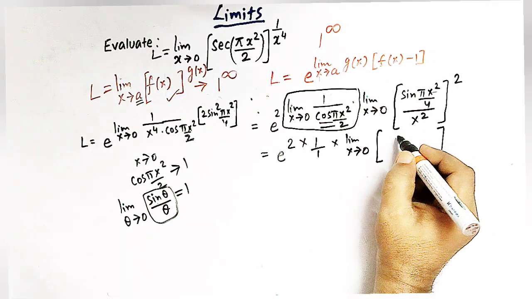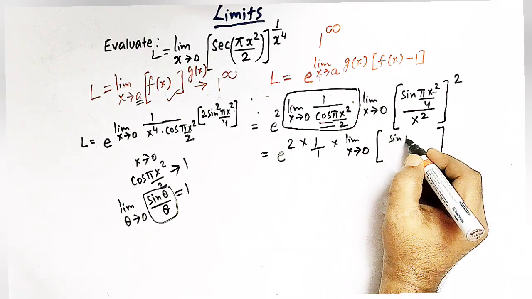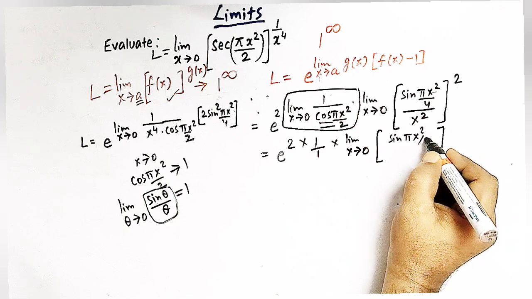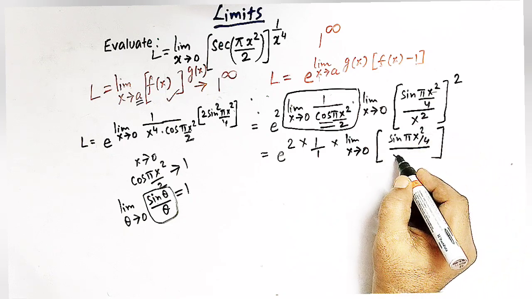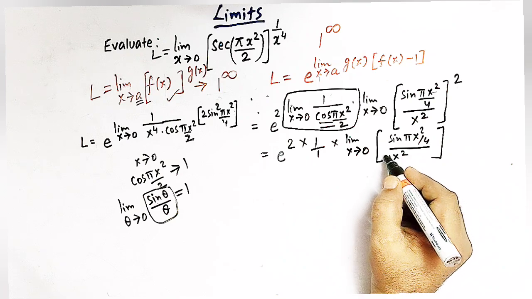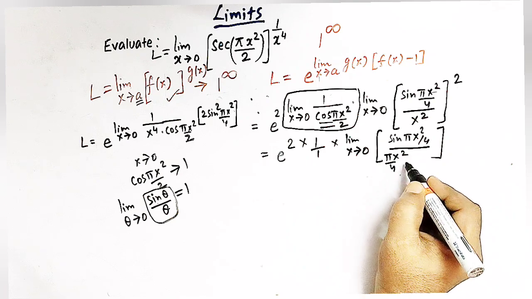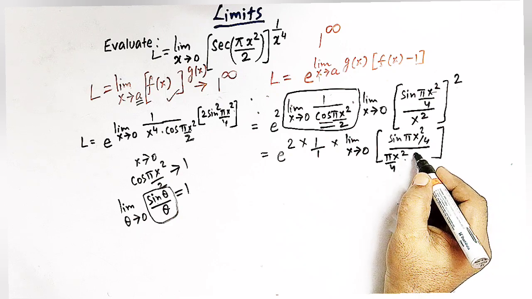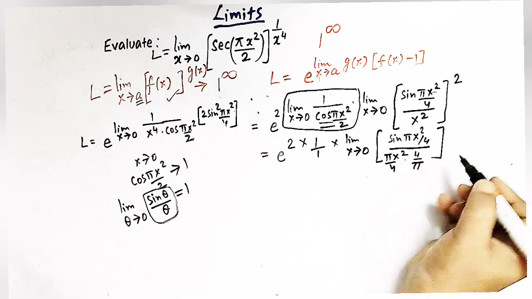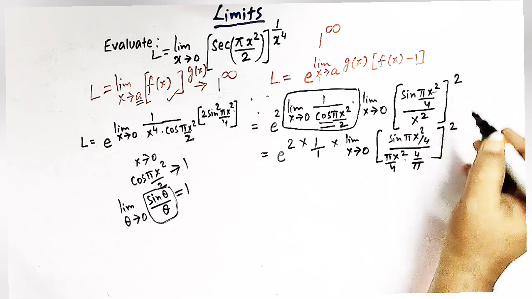So now we'll write here sine pi x square over 4, and here we have x square. So let us write x square and here pi by 4 and multiply pi x square over 4 by 4 over pi, and here we have the square term.